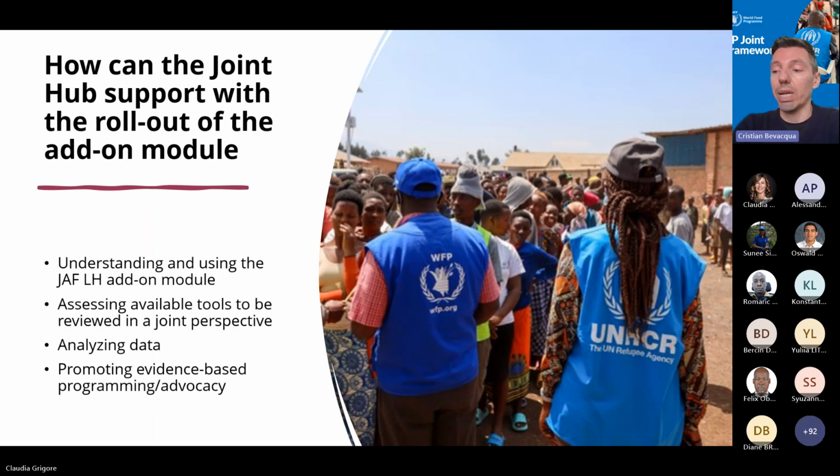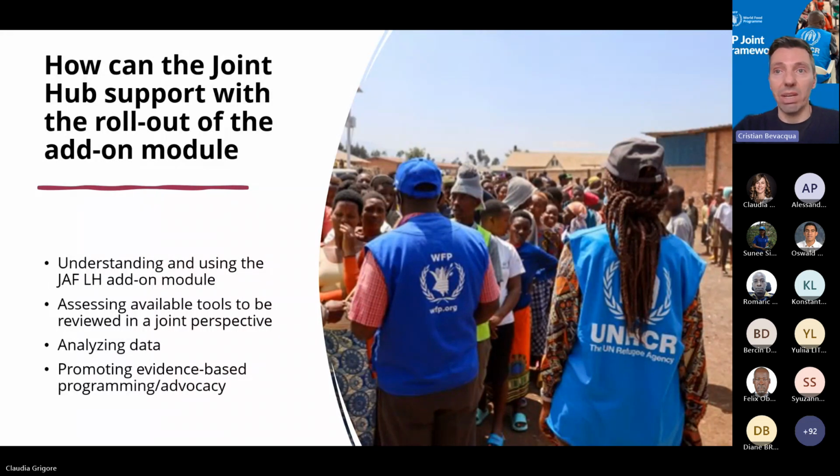We can surely support country offices in going deeply through the details of the add-on module. Claudia and Alessandra presented generally the structure, but there are a lot of peculiarities to be understood.